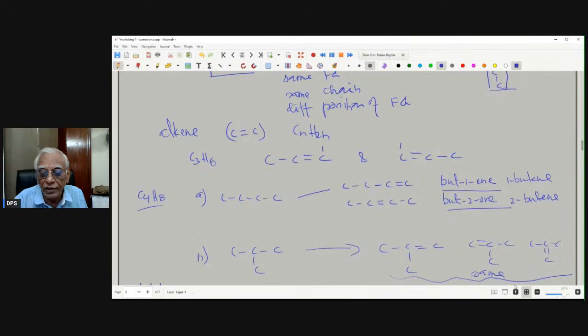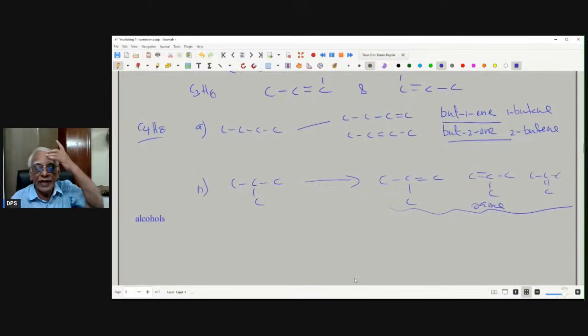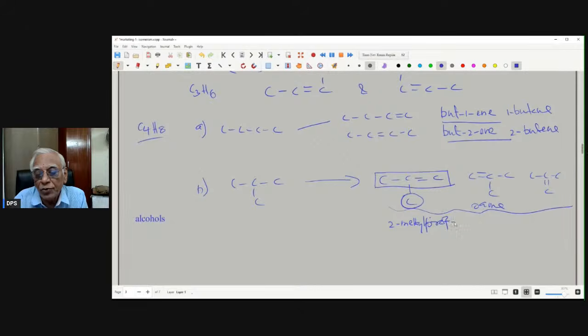Same molecular formula, same IUPAC name. Because how do you name them here? We have to take the longest chain containing the double bond, 3 carbons. What is the 3-carbon alkene? It's called propene. And this is 2-methyl propene. It's understood that it has to be prop-1-ene.